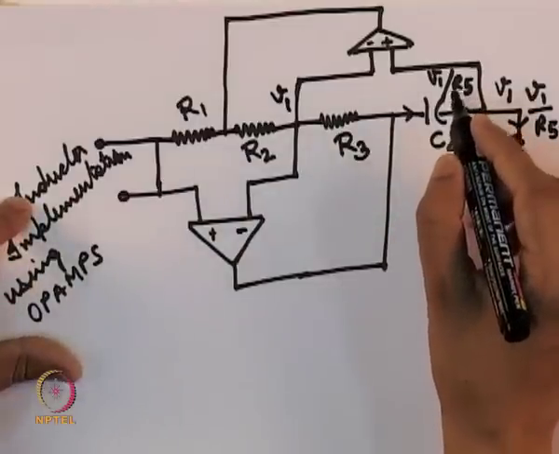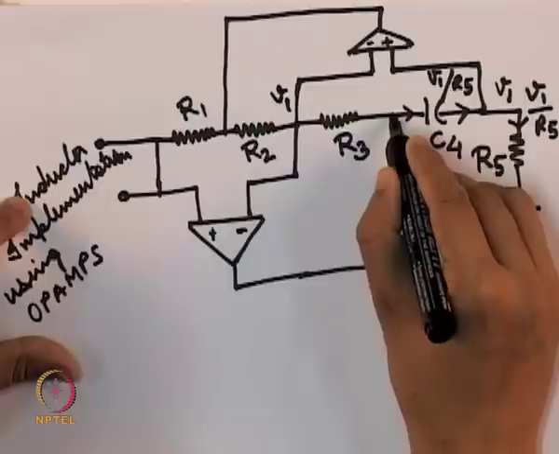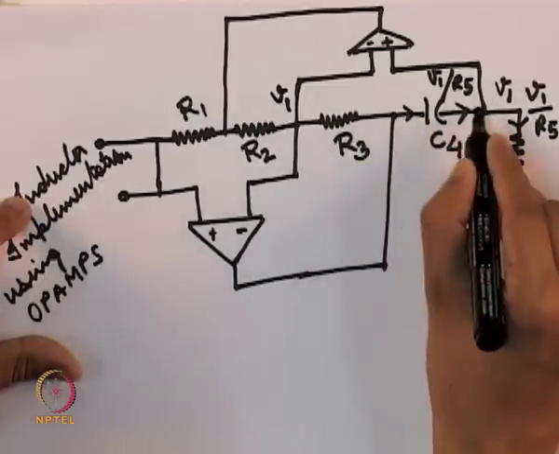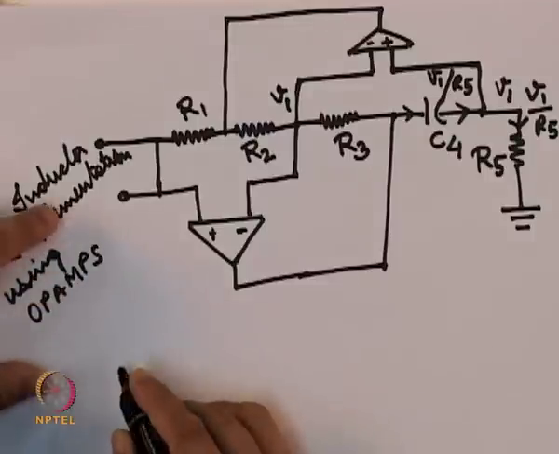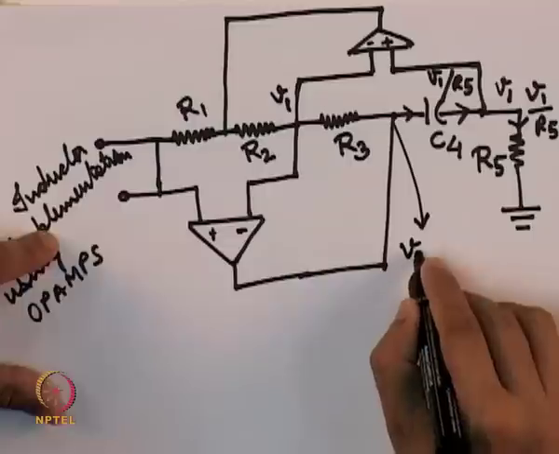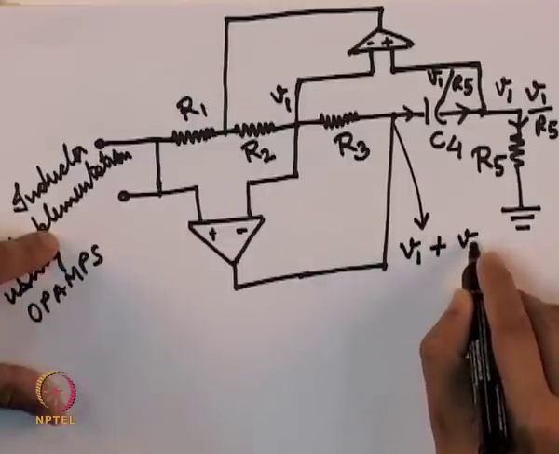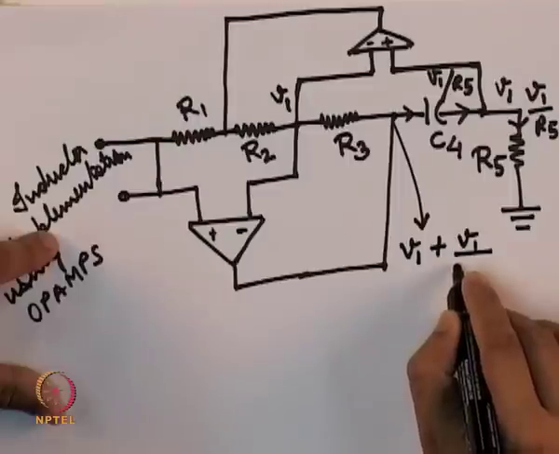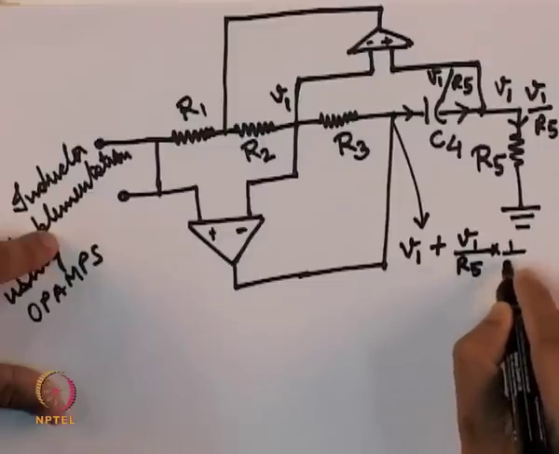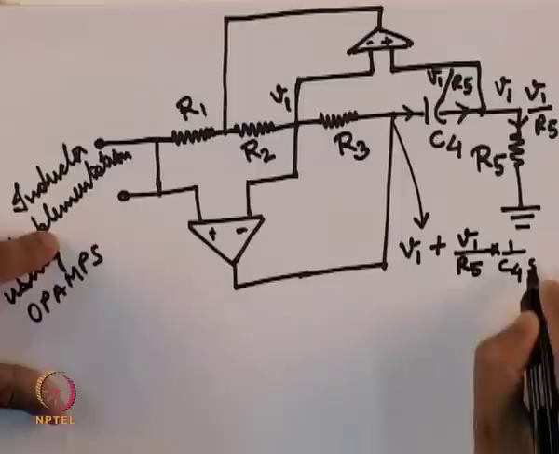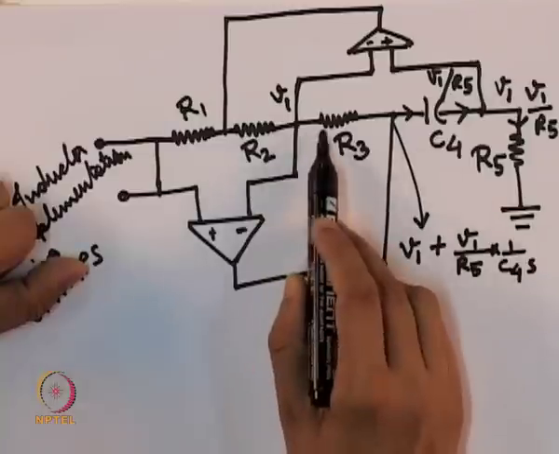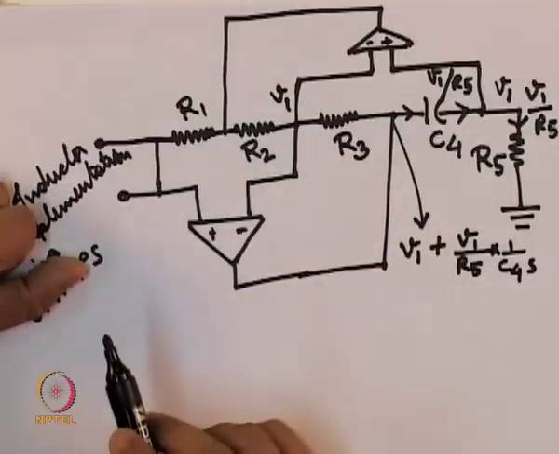Then what is the voltage at this point? The voltage at this point is this voltage plus the voltage drop across this capacitor. So, it is V1 plus V1 upon R5 times 1 upon C4S. Then what is the current through this resistance?